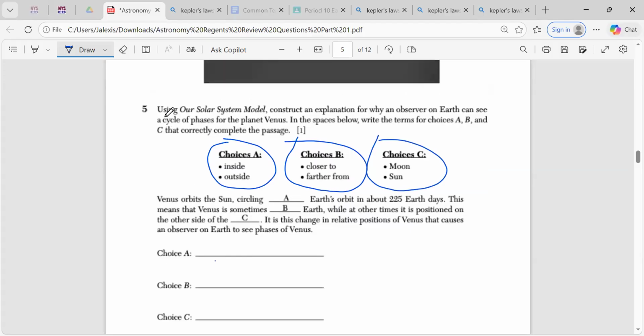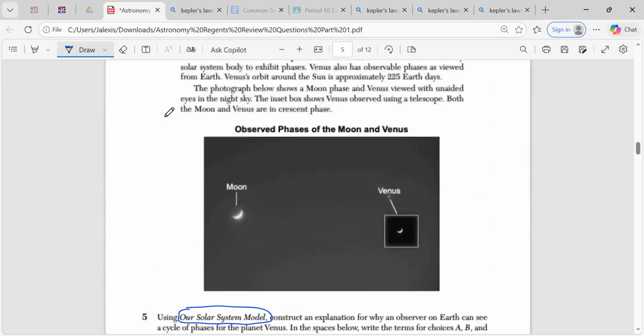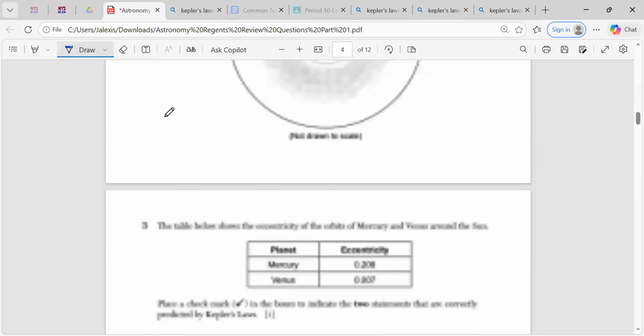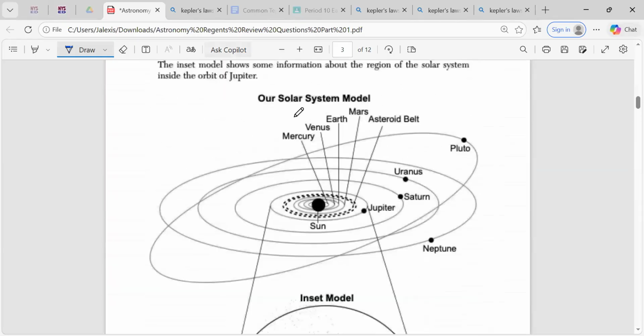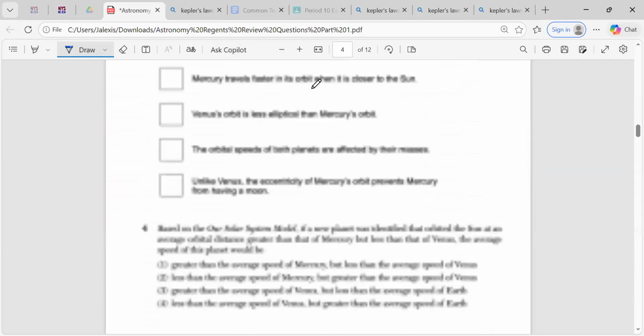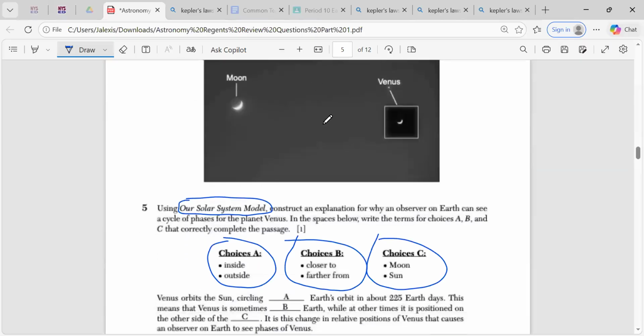And it says using our solar system model, which means I'm going to refer right back to my solar system model right here. It asks why an observer on Earth can see a cycle of phases for the planet Venus, which means that just like we look at the moon and see different lit portions, the same thing goes for Venus.